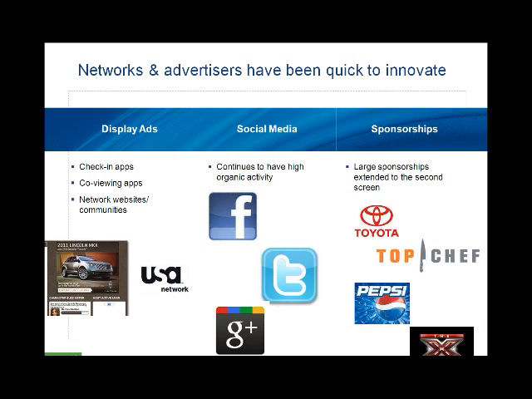Toyota has sponsorships that involved the chefs driving their cars, specific quick-fire challenges, promoted content on their Facebook page, and so they really were able to be ingrained in everything having to do with Top Chef, everywhere from their website to their Twitter to the Facebook, and so they were able to extend their sponsorship onto the second screen.